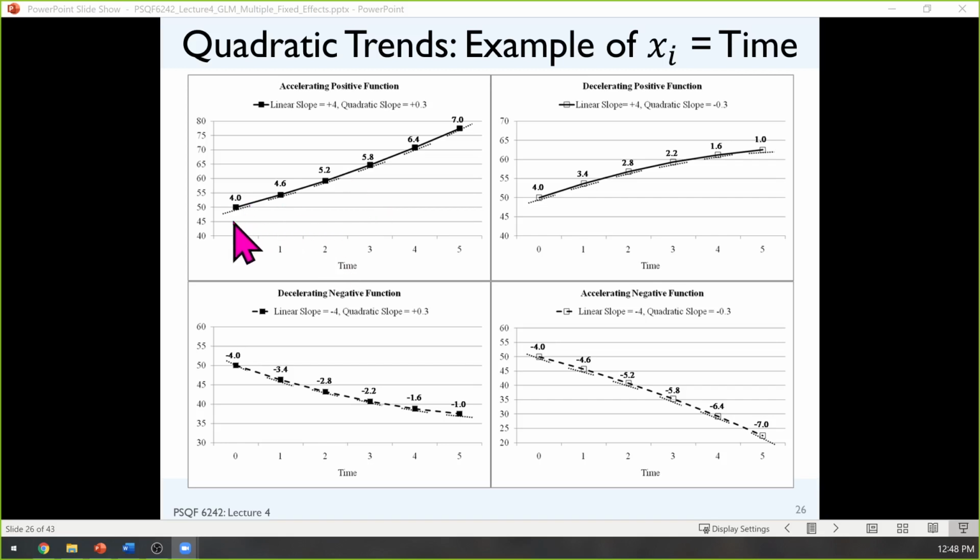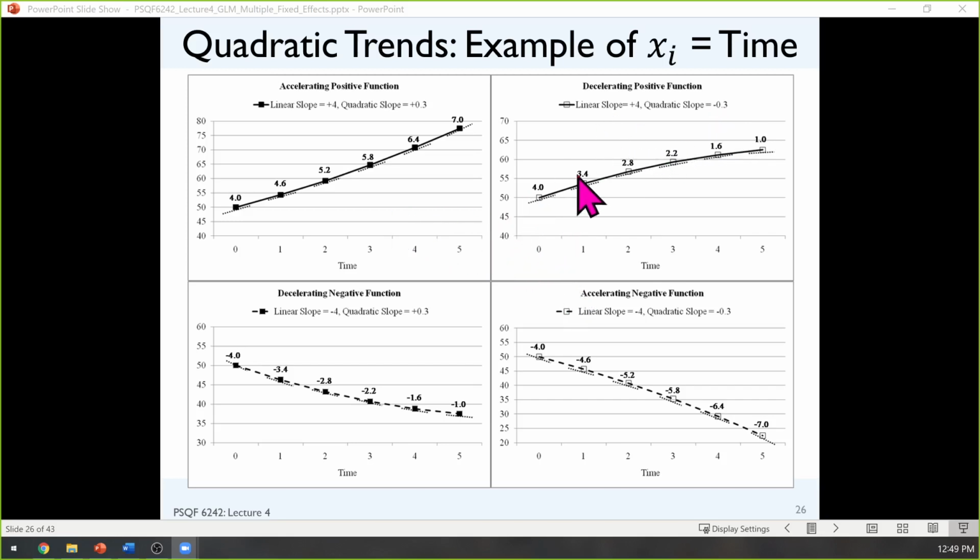So this one takes that positive linear slope and makes it more positive by twice the quadratic coefficient for each of these units. Top right over here, it takes the same positive slope of 4 at time 0, but it makes it less positive. So it decreases the linear slope by twice the quadratic coefficient because the coefficient itself is negative.